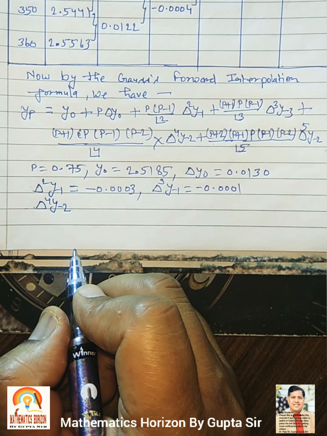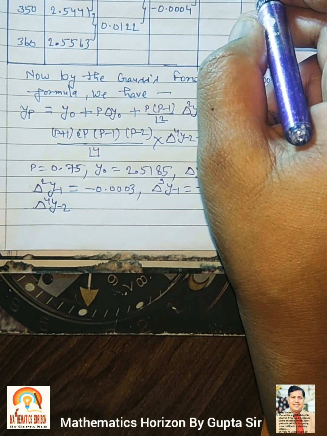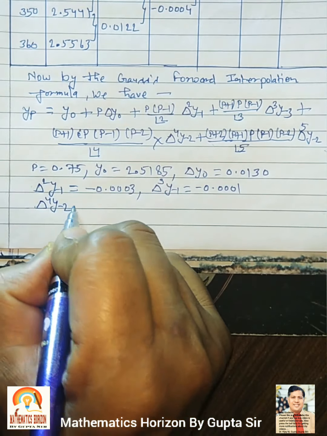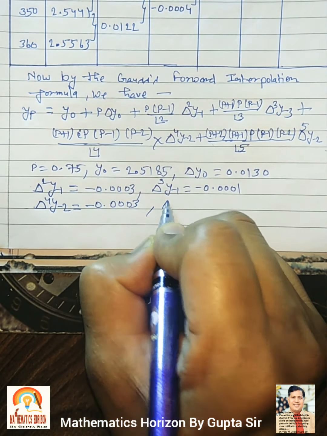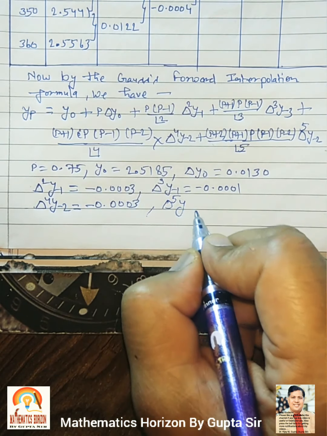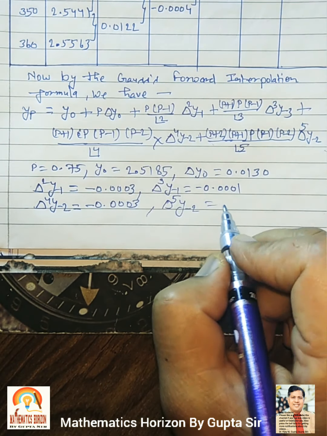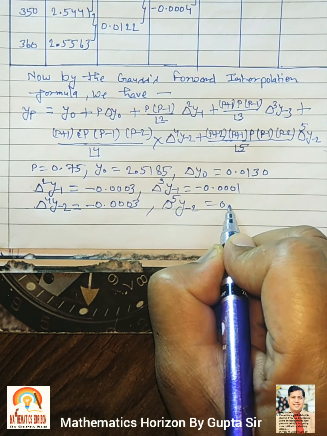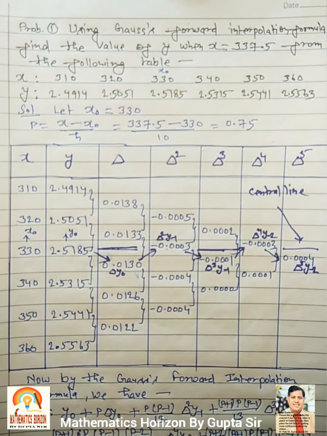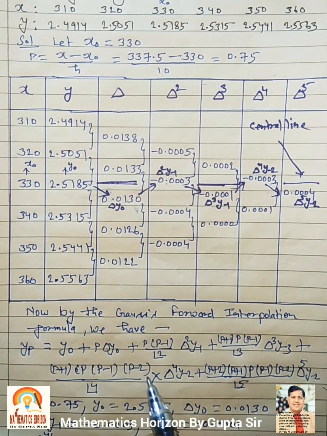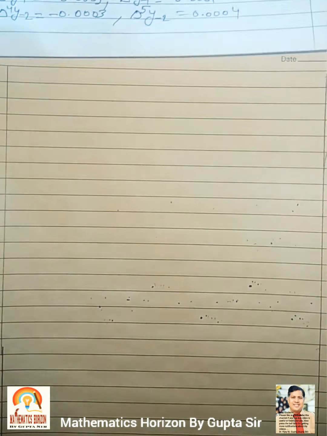This is the value of del 4 y minus 2, that is minus 0.0003, and del 5 y minus 2, this is the value of del 5 y minus 2, that is 0.0004. Now we will put all these values in Gauss forward interpolation formula and see what answer we get.